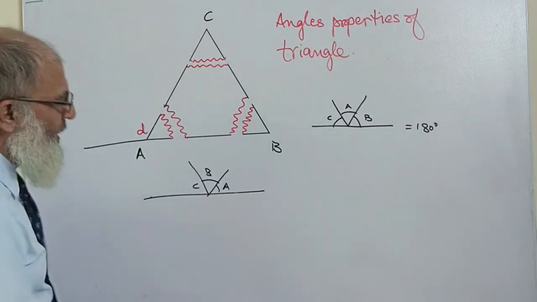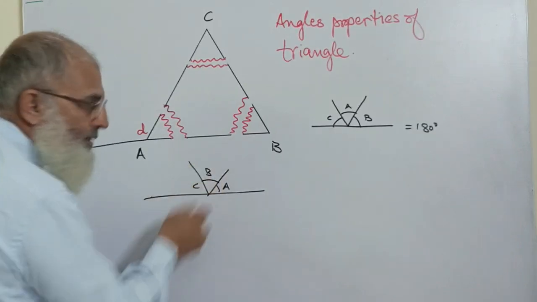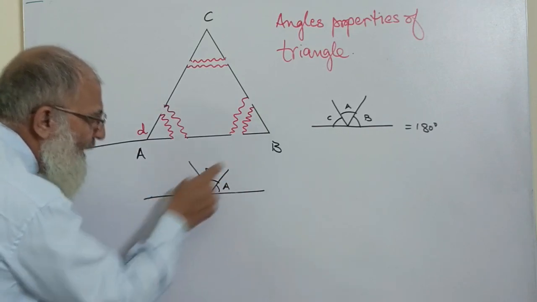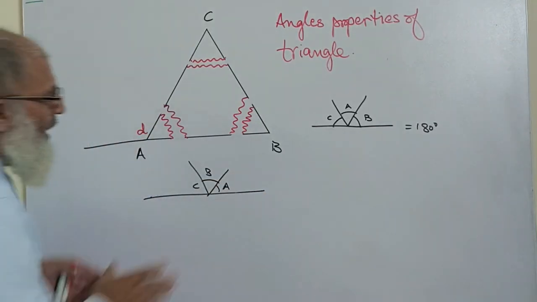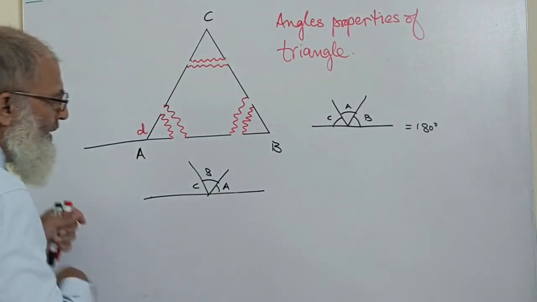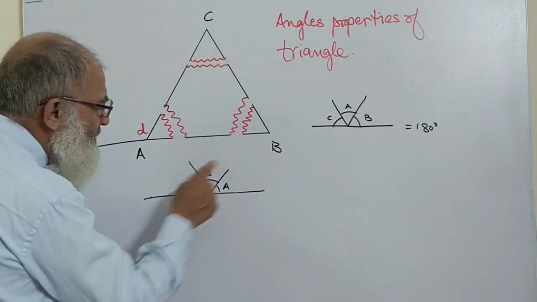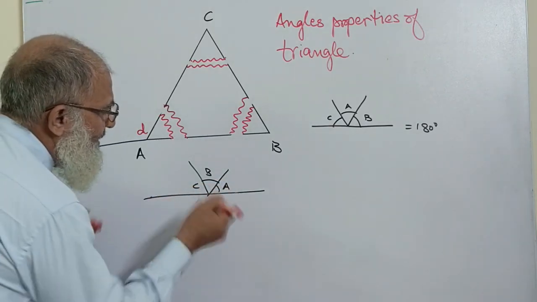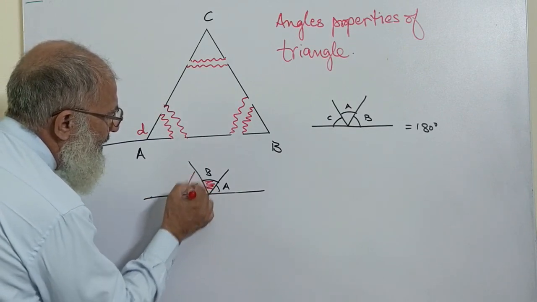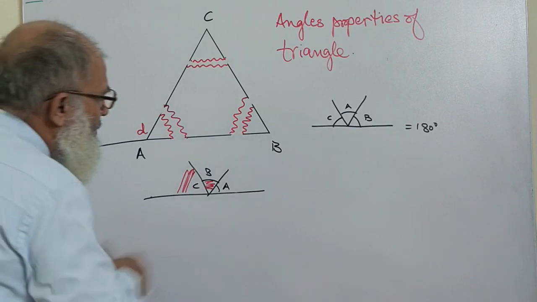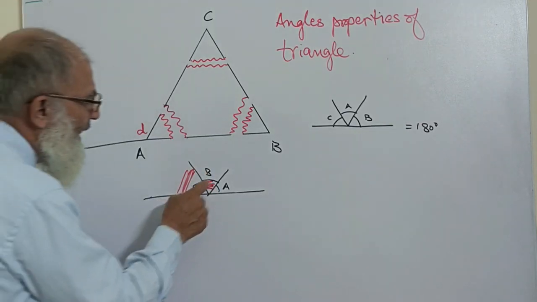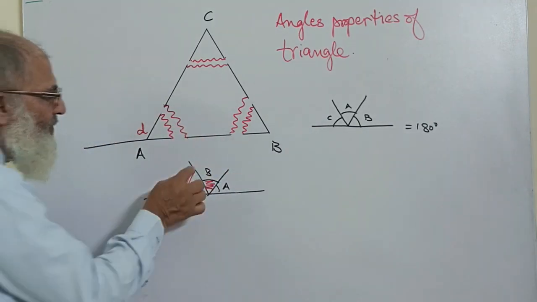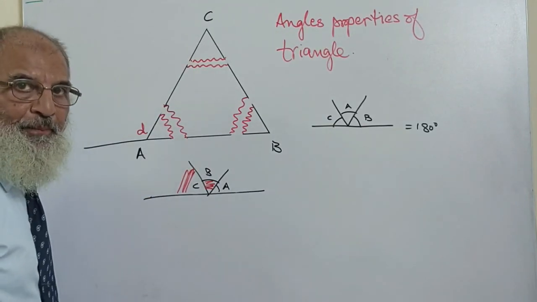A is already there, and B and C, including A, should make 180 degrees. Let me separate these B and C. This is B and this is C. Now these B and C are the angles which, if added to A, will give us 180 degrees.